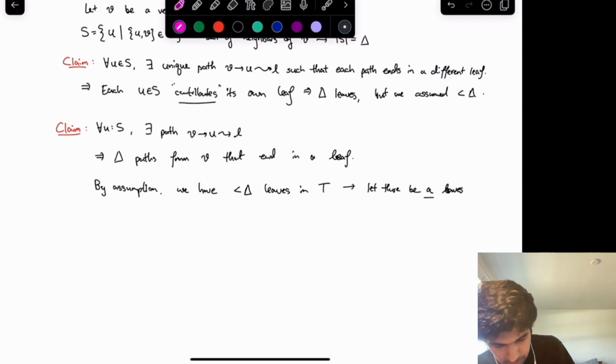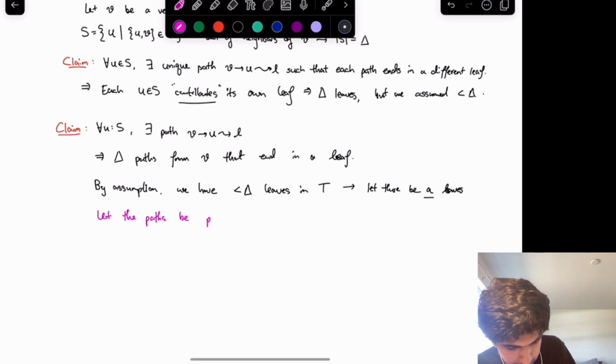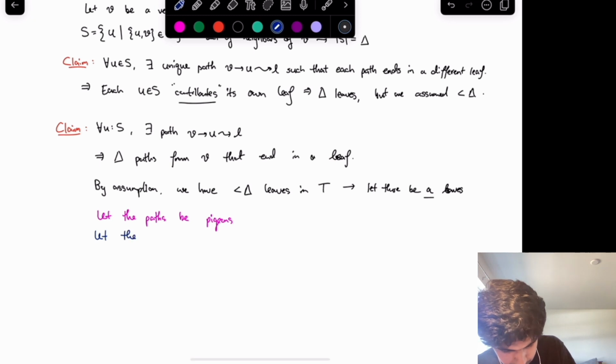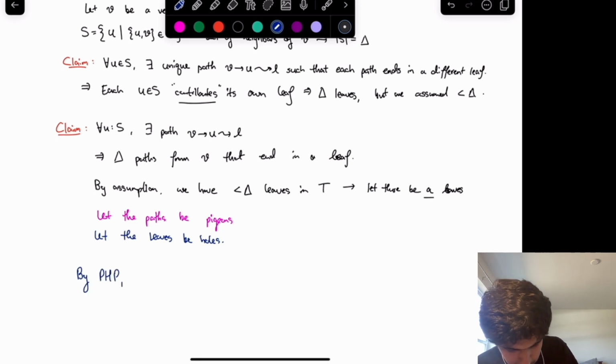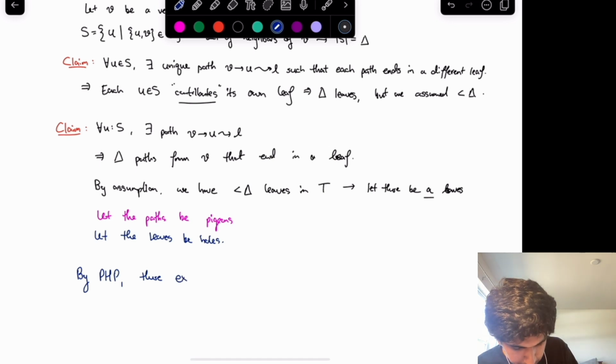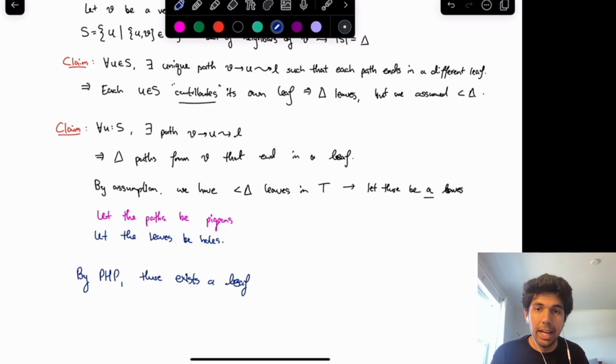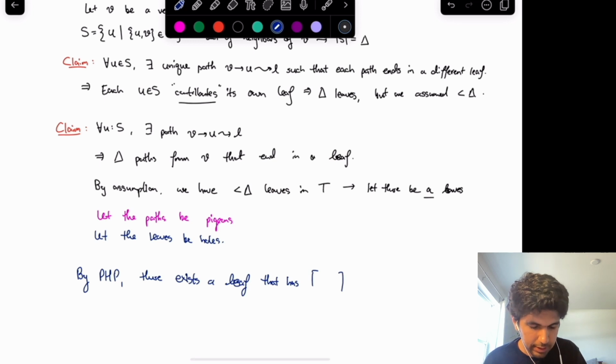So if we let the paths be pigeons, and we let the leaves be holes, then by PHP, there exists a leaf that has, let's write this out, that has the ceiling of some quantity of paths, but really the paths end in leaves.